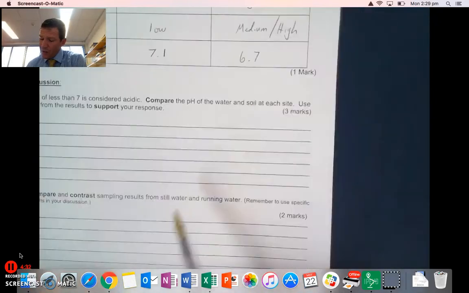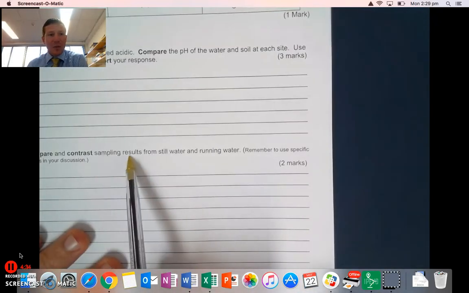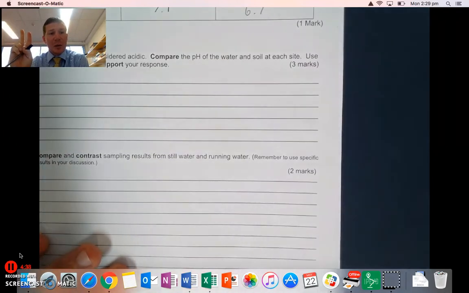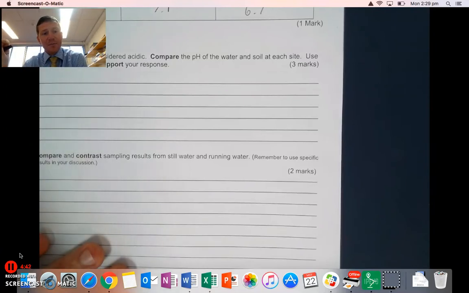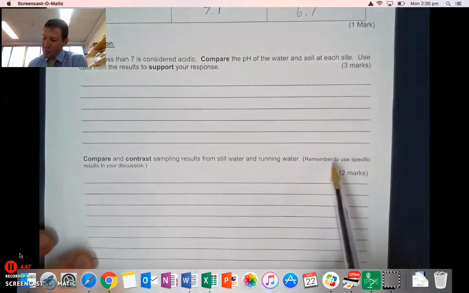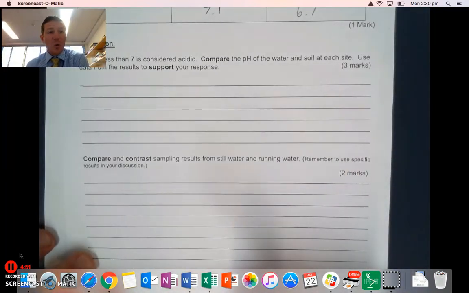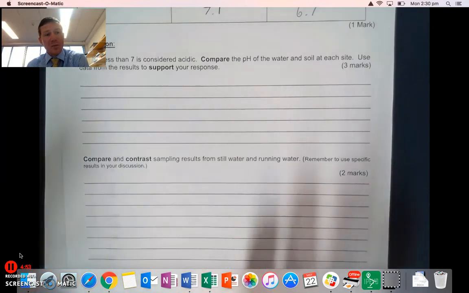So it asks you to talk about the sampling results. So there's 3 things that you need to talk about: the temperature, the pH, and the salinity. Are they the same? Are they different? All right, and use your results. It says, remember to use specific results in your discussion. So make sure you put the results in. What did you find? What was the same? What was different? Were they close?